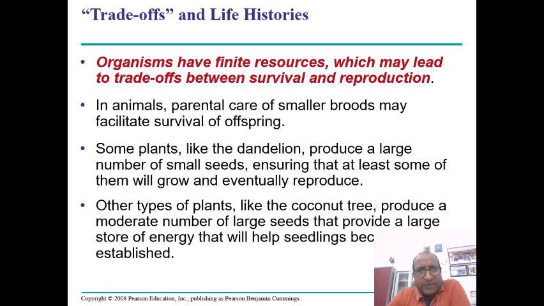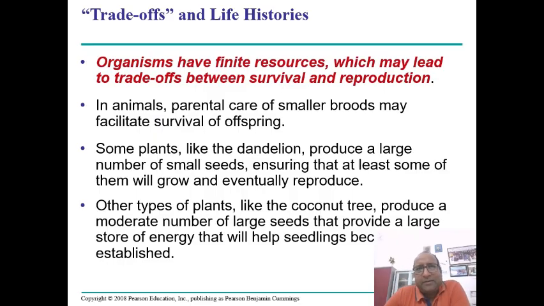So, the trade-off and life stage. Organisms have finite resources, which may lead to a trade-off between survival and reproduction. The resources, light, water, food, and habitat, are all limited for the animal, and because of limited resources, the animal will compete with other individuals of the same population.